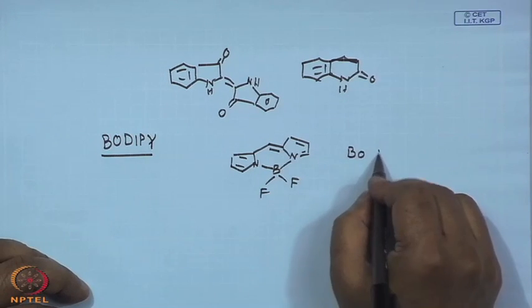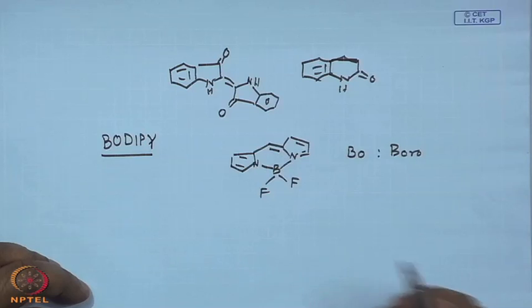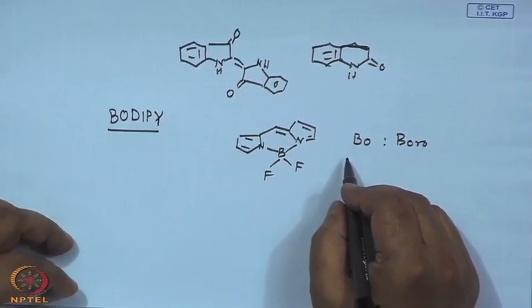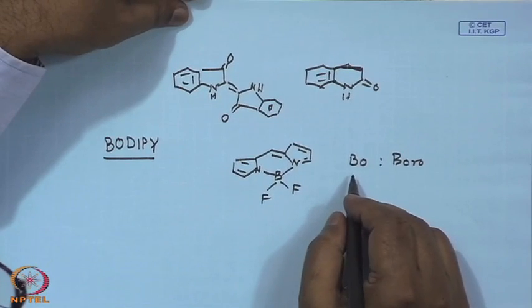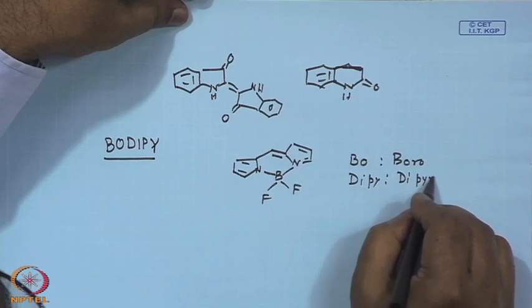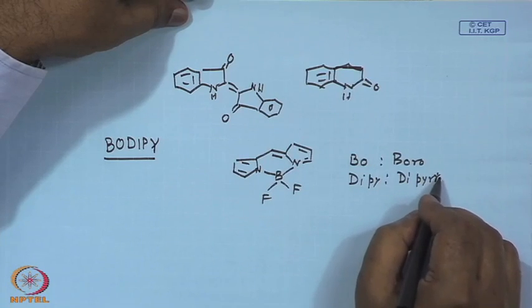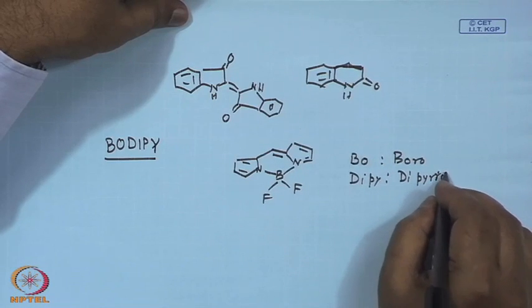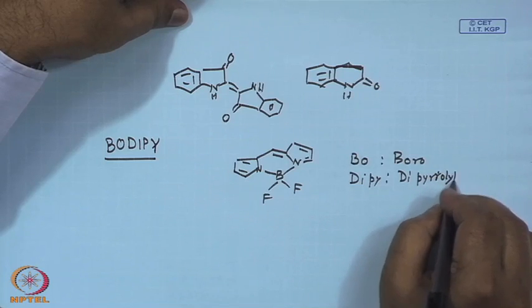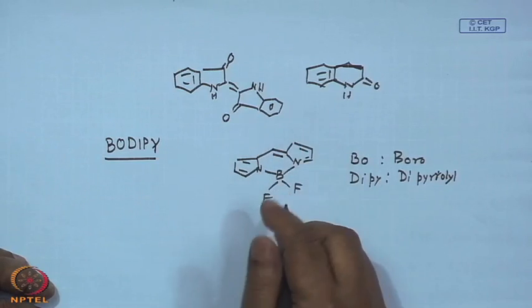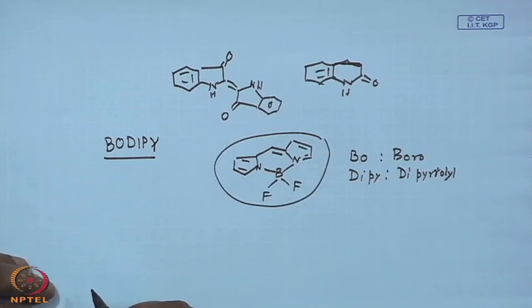BO comes from boron or bora, and DP means dipyrrolyl. So, bora-dipyrrolyl groups. These sorts of molecules are very useful and are mostly fluorescent dyes.